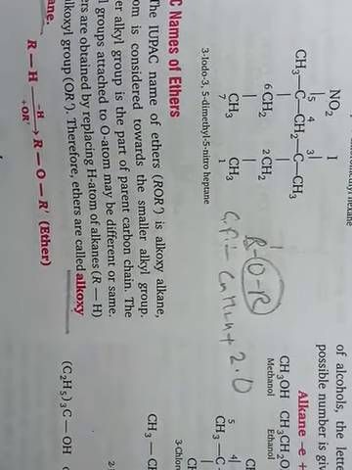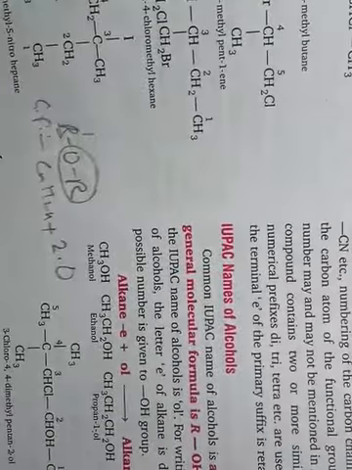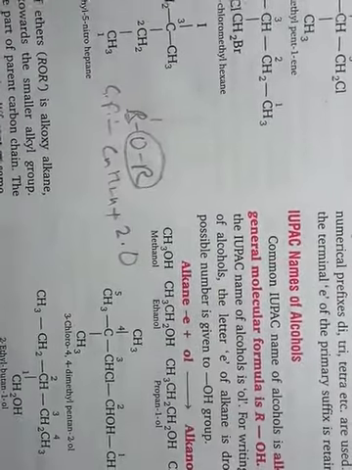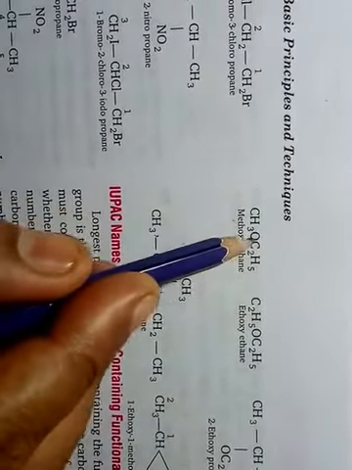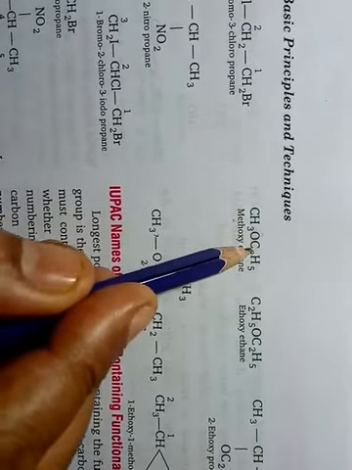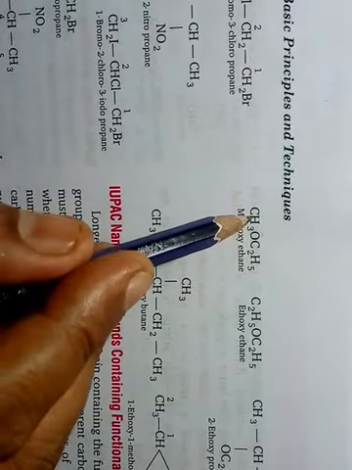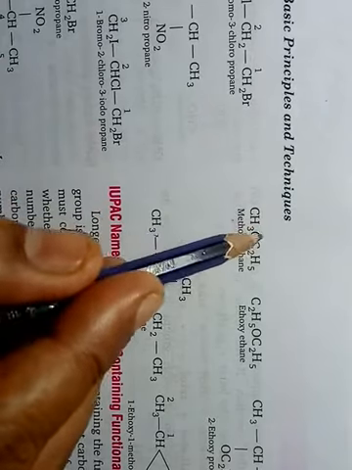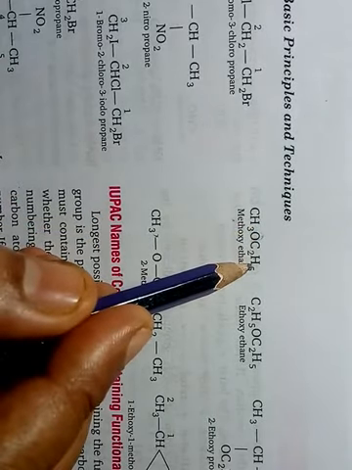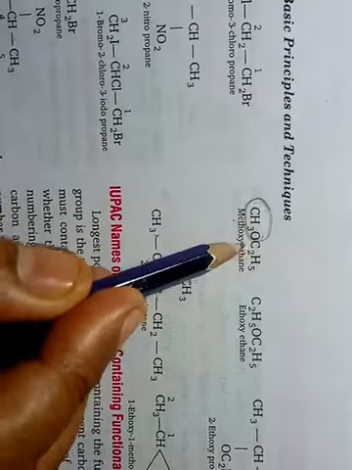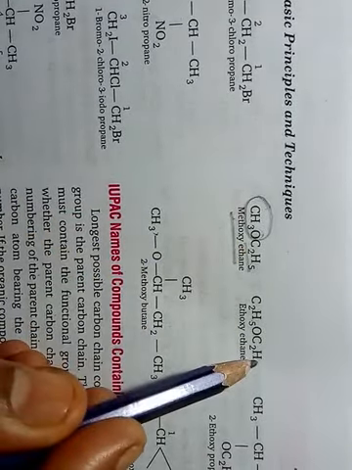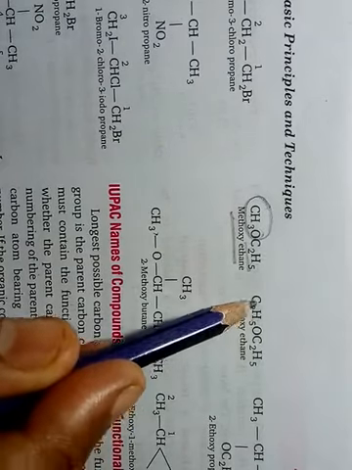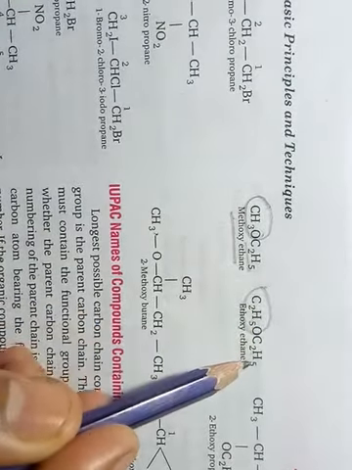Okay, so the naming of ether, an example of ether is this. So this oxygen atom is attached with 2 carbon chains. The smaller chain will be made alkoxy and the longer chain will be made alkane. So methoxy ethane. Okay, students, here both chains are similar, so you can take any of the chains with oxygen and the other chain as alkane.